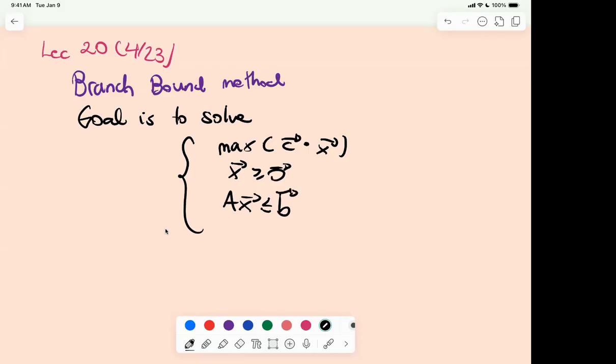Those are the usual conditions, but the extra requirement is that each coordinate is an integer. Each variable is an integer. Let's just say each x_i is an integer, where you think of x as being x1, x2, up to xn.